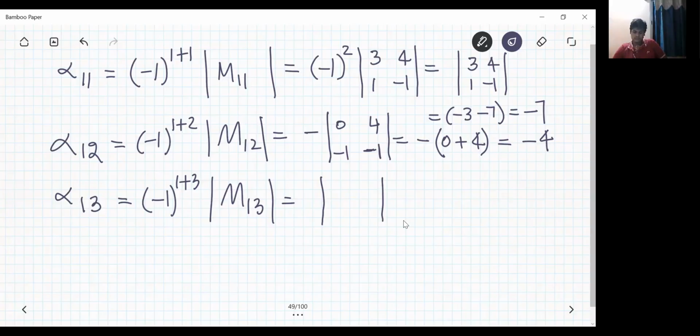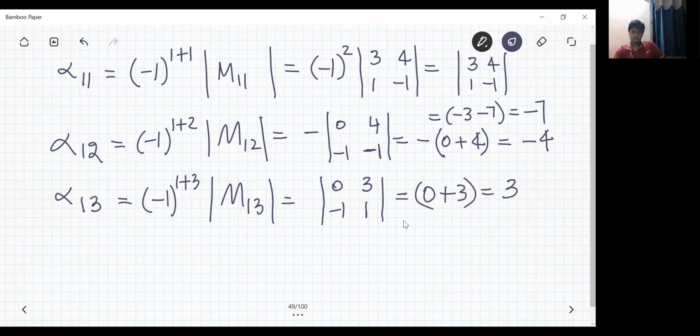So M13 is 0 3, minus 1 1. So this will become 0 plus 3, because the minus is in the formula. So that becomes equal to 3.